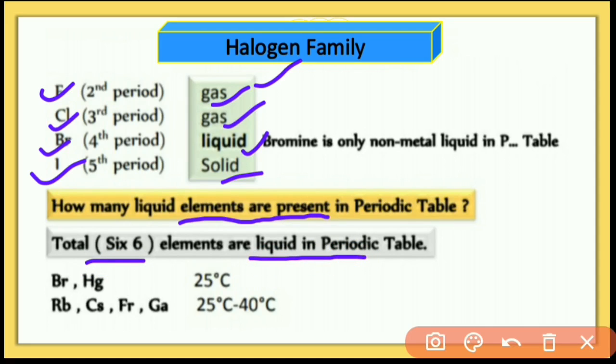At room temperature, bromine non-metal and mercury metal are present in a liquid state at approximately 25 degrees Celsius, and when temperature is increased from 25 to 40 degrees Celsius, some elements are also present in a liquid state, for example rubidium, cesium, francium and gallium. So total 6 elements are present in a liquid state.